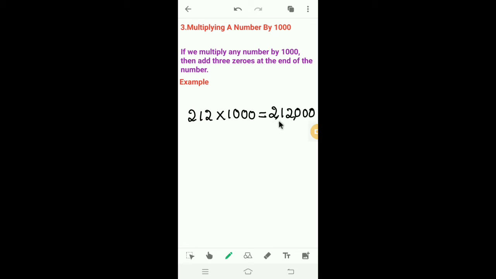So the answer is 2,12,000. 212 into 1000 is equal to 2,12,000. Let's take one more example. 7,646 into 1000 is equal to, write given number as it is, 7,646, and add 3 zeros at the end of the number.